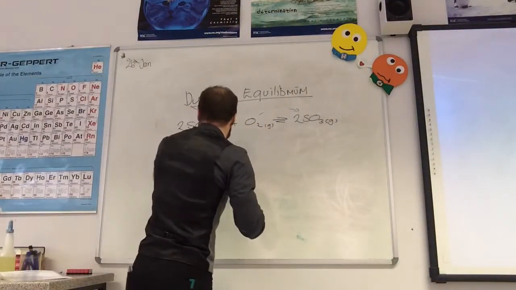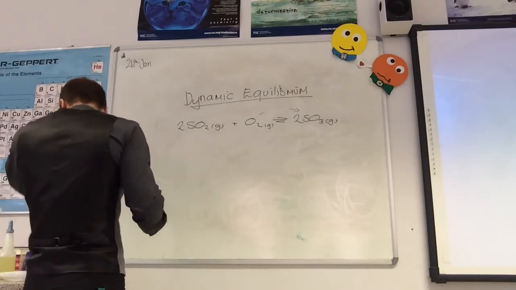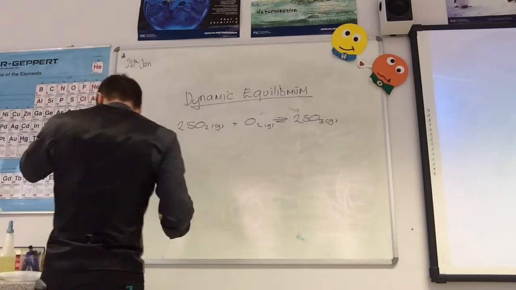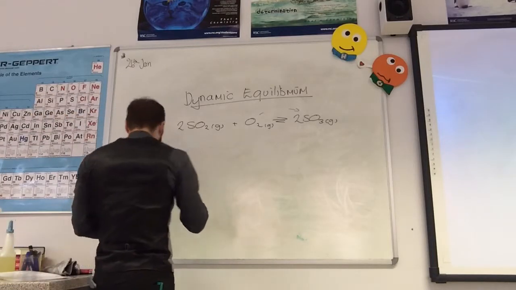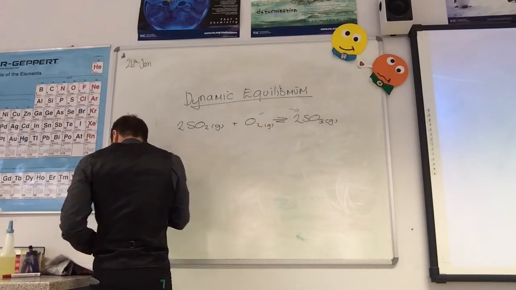So there's points we need to know about what a dynamic equilibrium actually involves. Okay, so using that example, let's say what do we need?